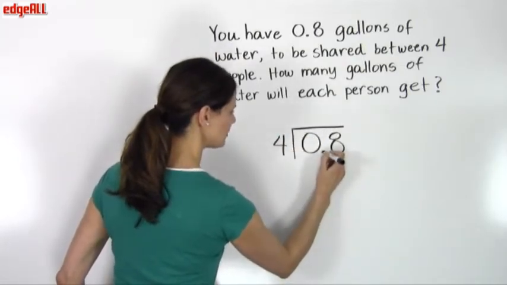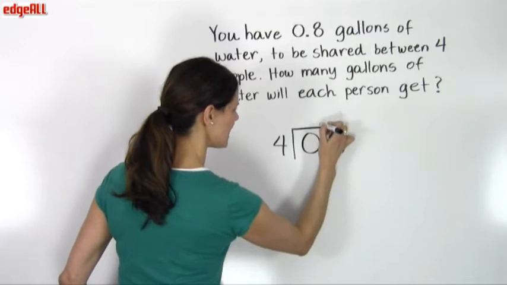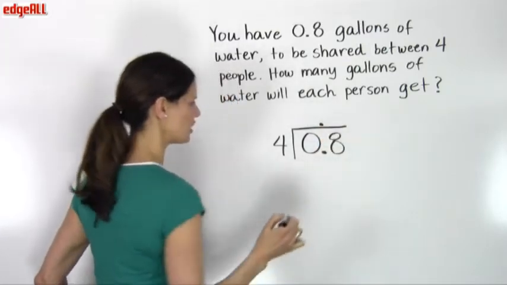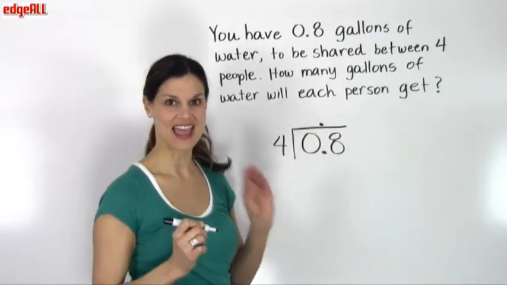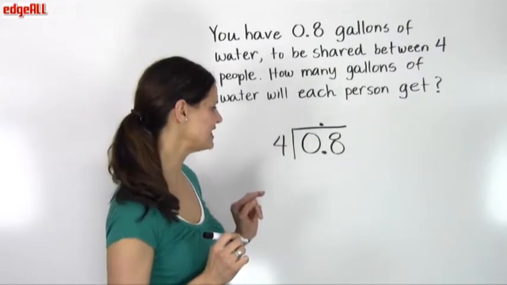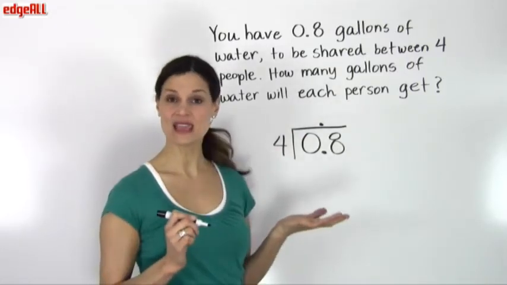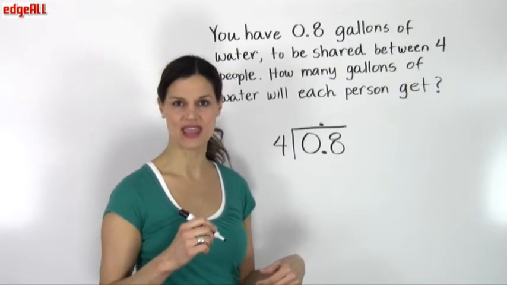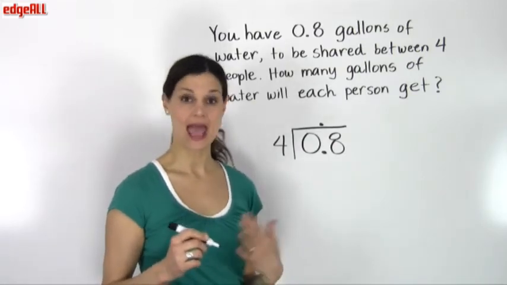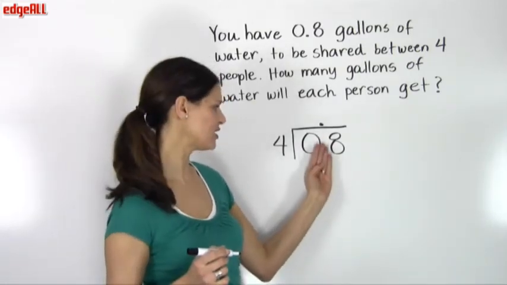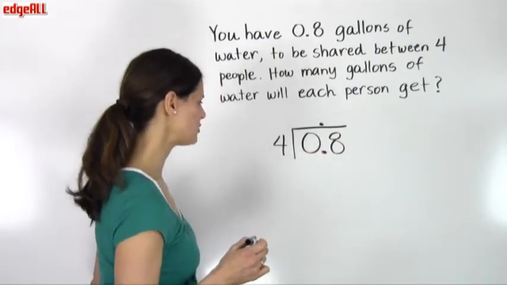So I have a decimal right here in my dividend, and right above it, I want to make sure that in my quotient, I have a decimal point placed right there. So then from here, we just continue doing our long division as if there were no decimal there. So we can almost ignore the decimal and work from here.